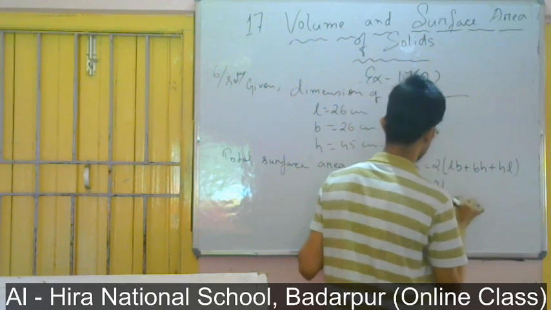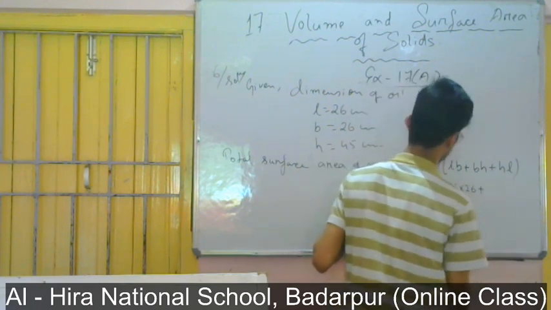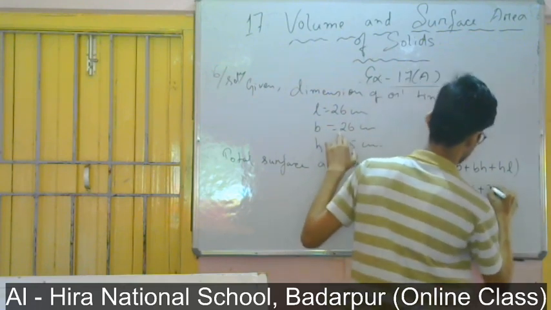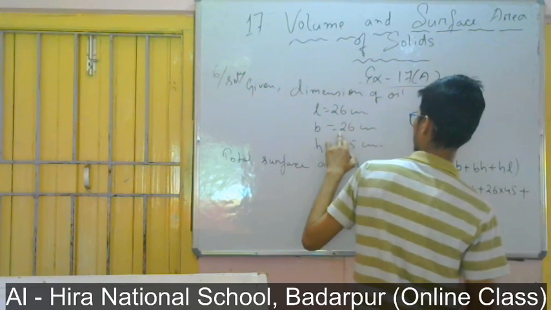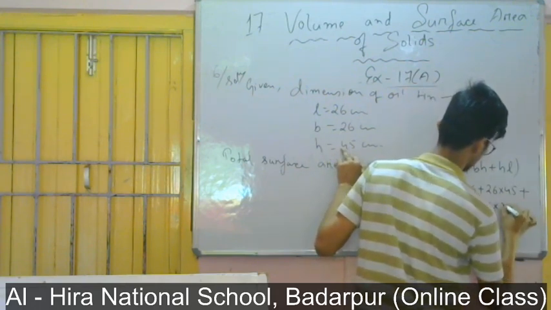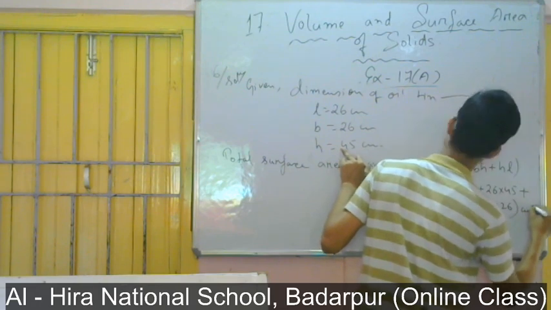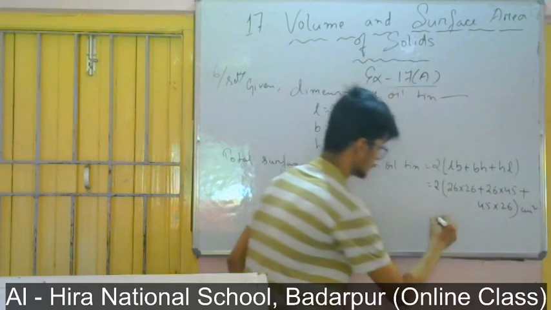So 2 into L, here it is 26, breadth also 26 plus BH again 26 into 45, plus then last one height into again 45 into 26. Unit will be centimeter square.